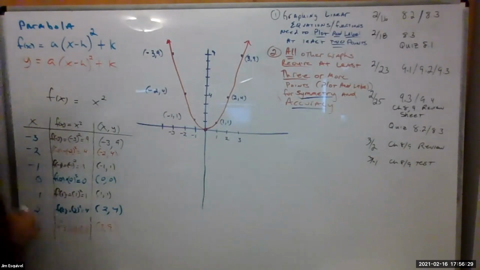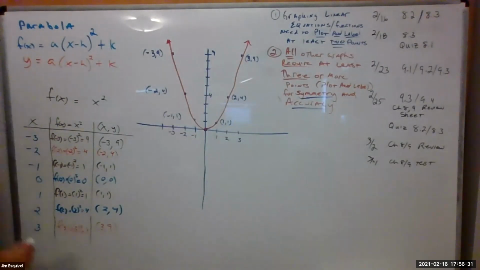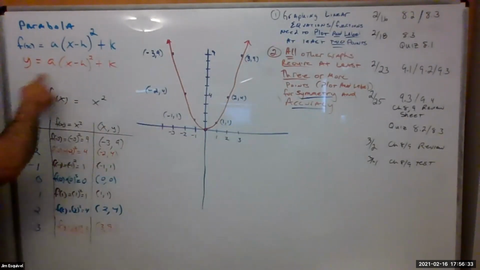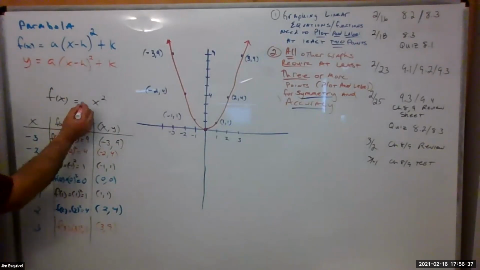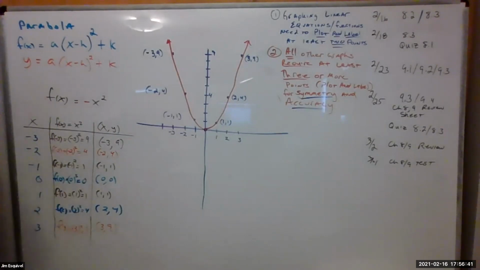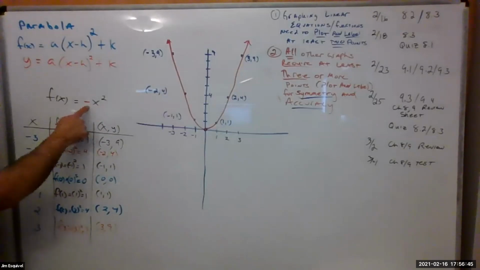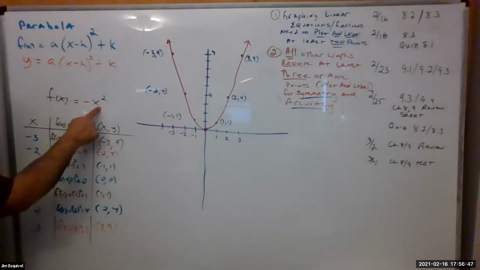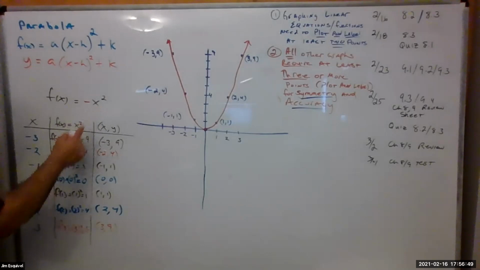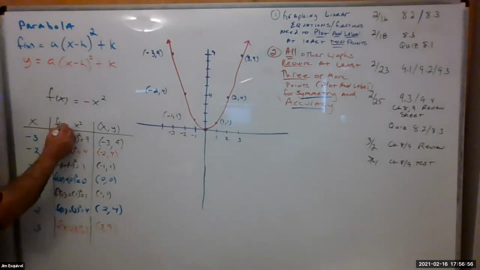Now, this is what I'm going to do. First thing I'm going to do to change what's going to happen to this thing, to go to where we want to go, is I'm going to put a negative in front of that x squared. So instead of positive x squared, we want to graph negative x squared. So this is now going to be equal to negative x squared.